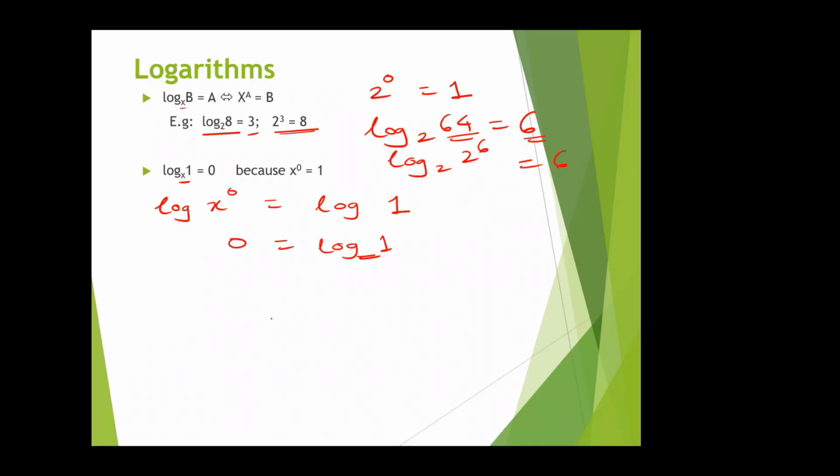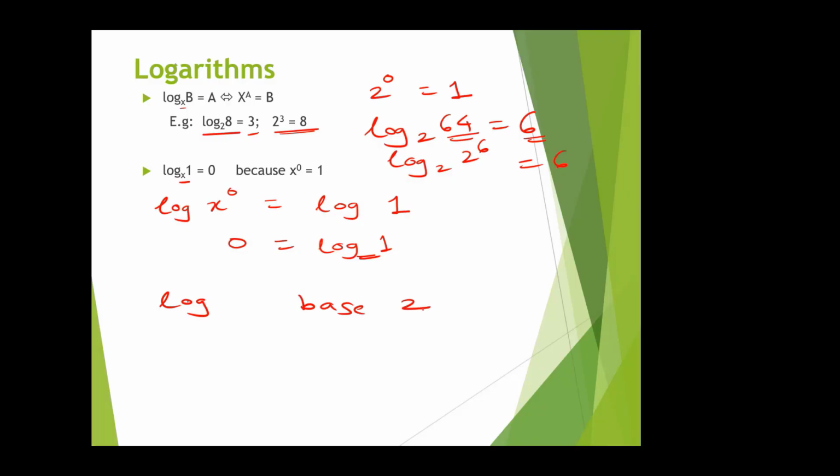Now another thing: in previous classes, you might have studied that whenever we say log, we generally assume that the base is 10. But in this class, whenever we say log, we always assume that the base is 2.